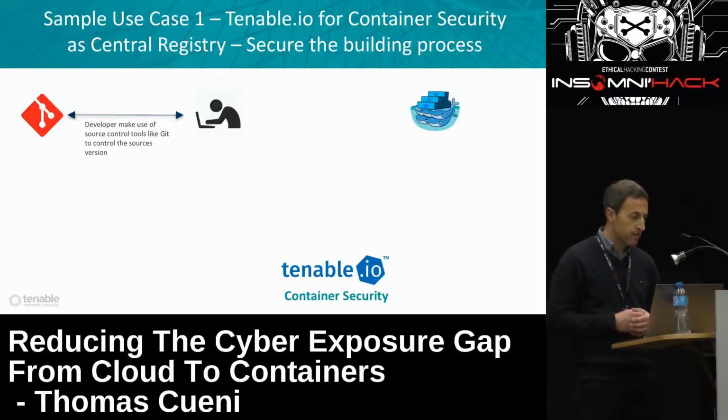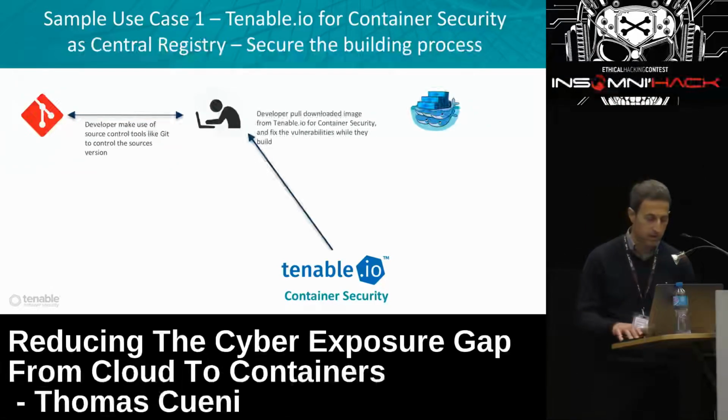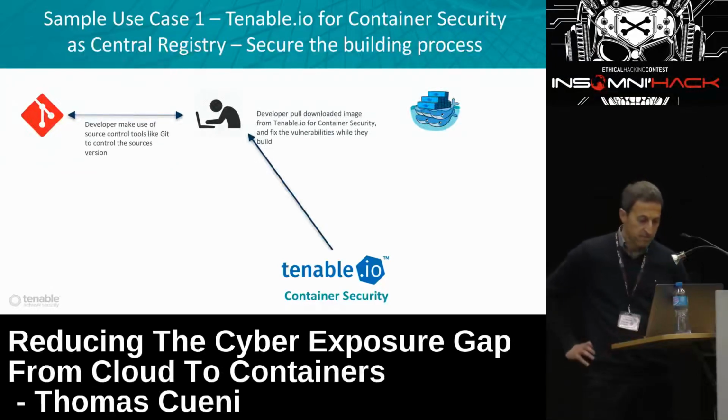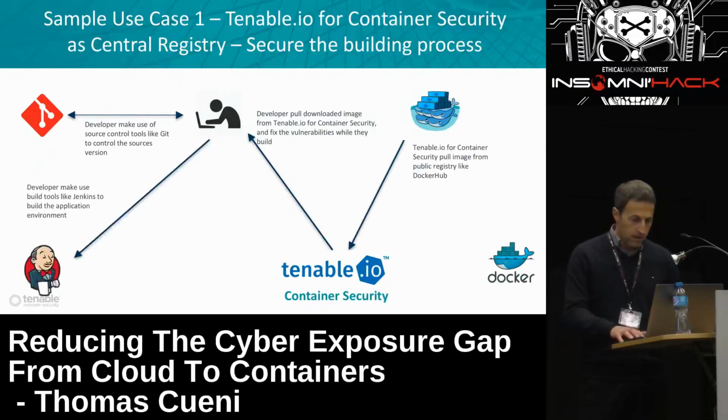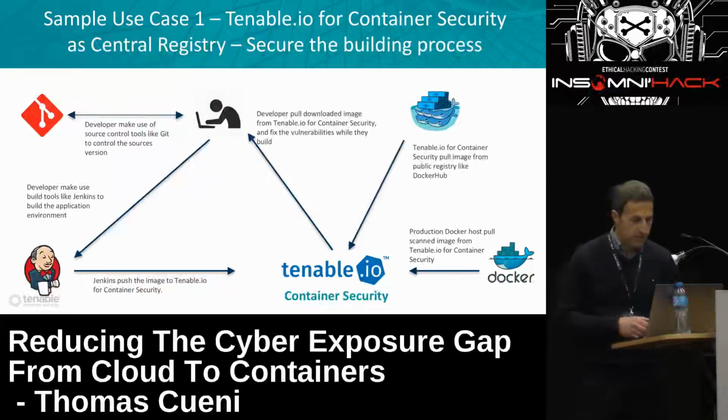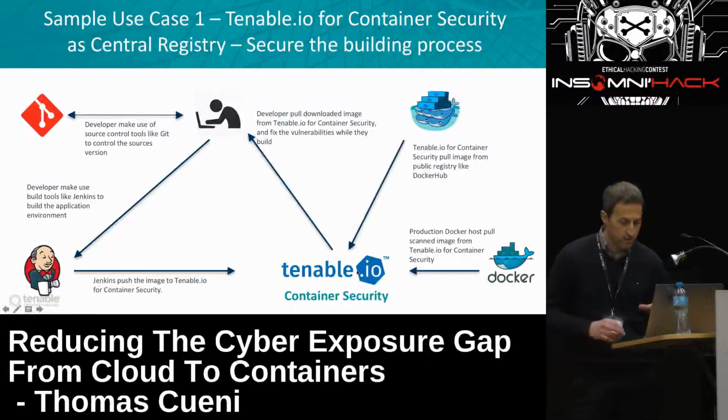So the developer has his source control tools like Git, and he does version control with Git. Let's build the picture right away. In this case, our container security image registry would be the central part.